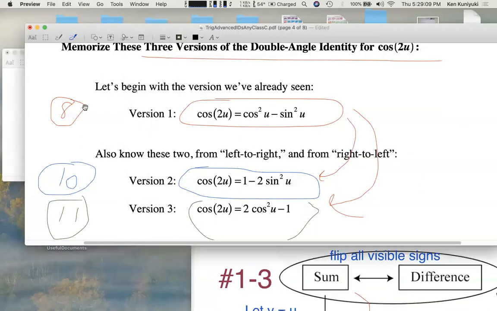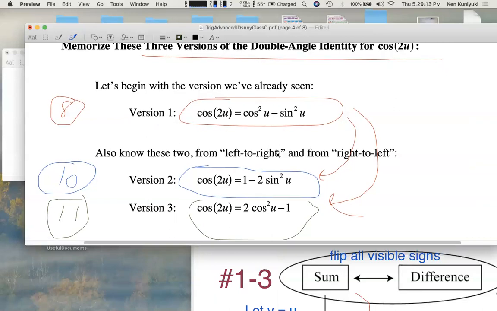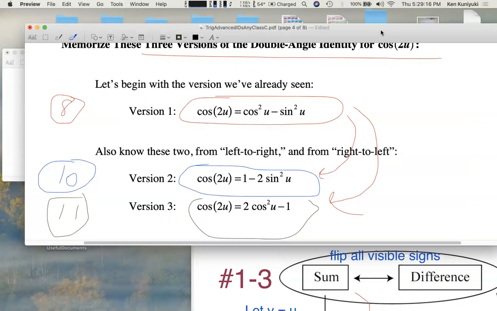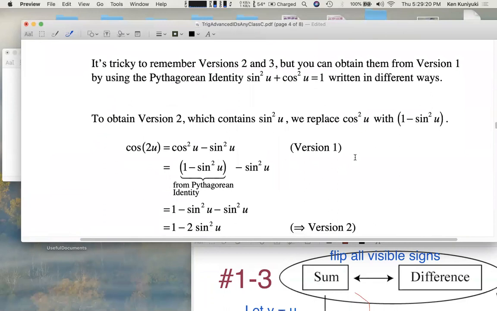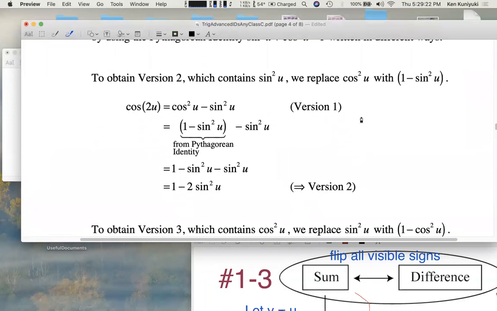All right. How do we get from 8 to 10 and 11? Remember, 9 was for tangent of 2u. It's applying the Pythagorean identities. Let's go through it. How do we go from version 1 to version 2, from identity number 8 to identity number 10?